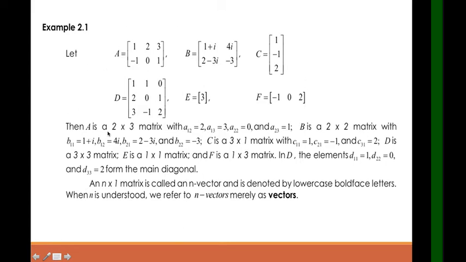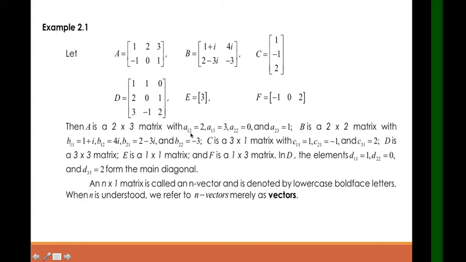Then A is a 2 by 3 matrix. The 2 is for the m, the number of rows, and the 3 is for the n, the number of columns. So a 2 by 3 matrix with A sub 12 equals 2. So 12 means first row, second column.